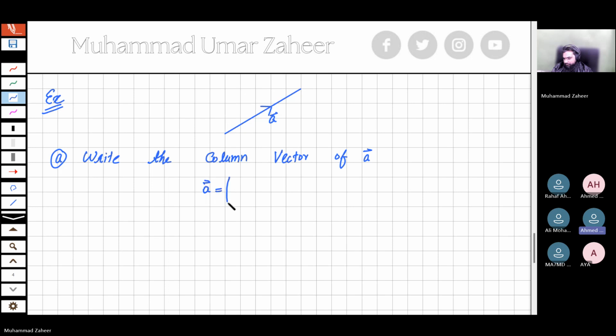Positive 5, positive 3. 1, 2, 3, 4, 5. It is positive 5. 1, 2, 3. It is positive 3. So we get 5 and 3.